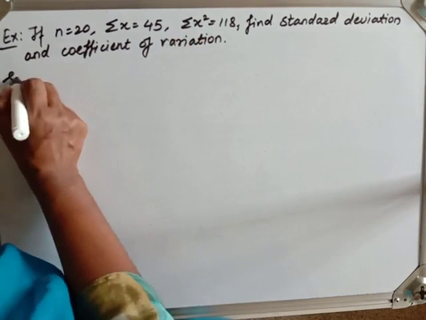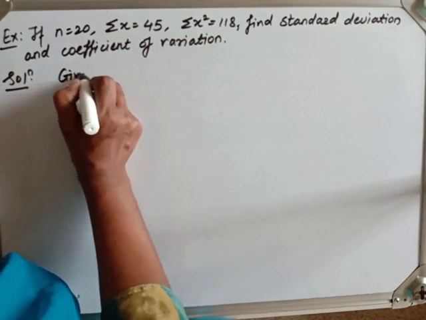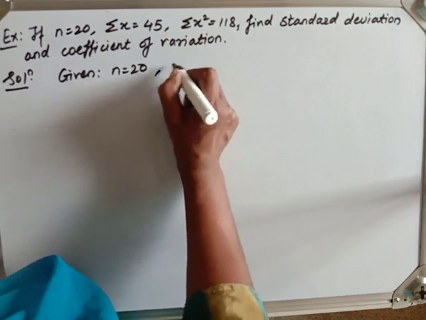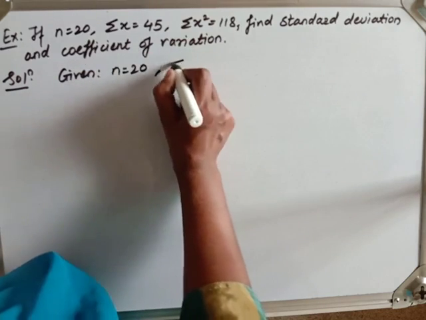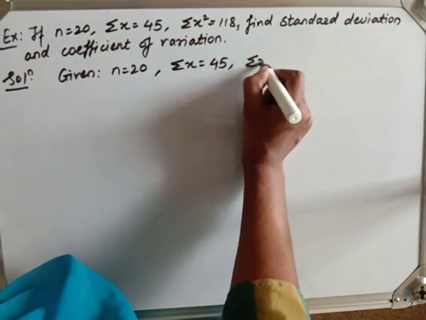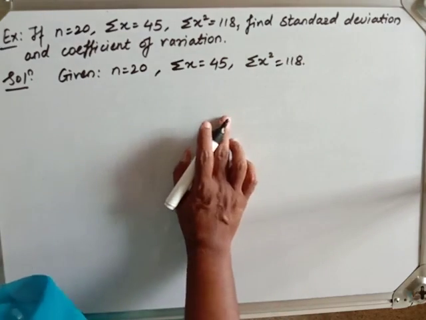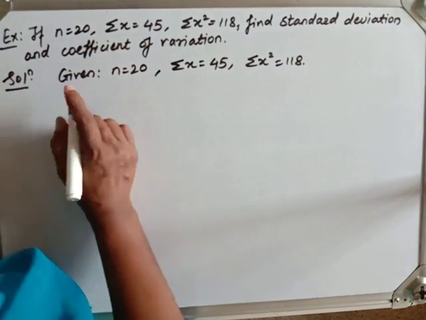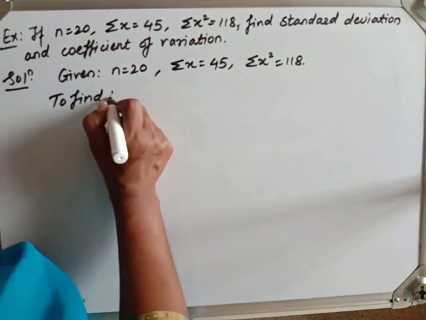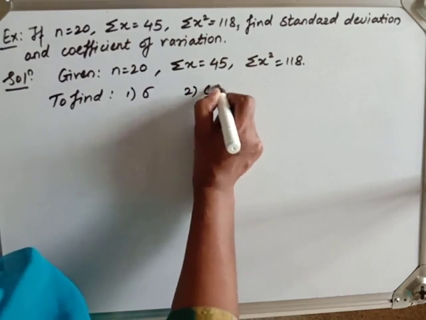Solution: n is equal to 20, summation x is 45, summation x square is 118. The given things decide which formula we are using. To determine CV, we have to find first sigma, and second the coefficient of variation.